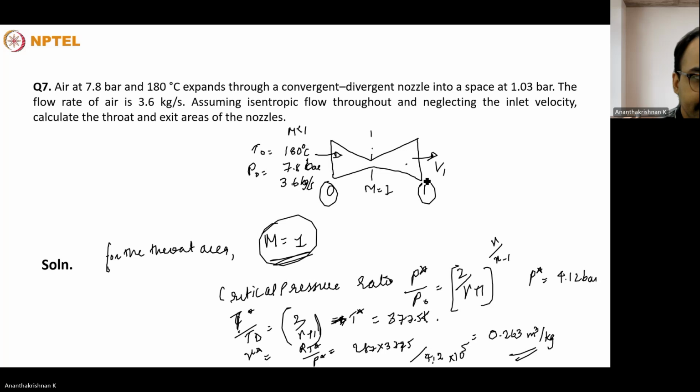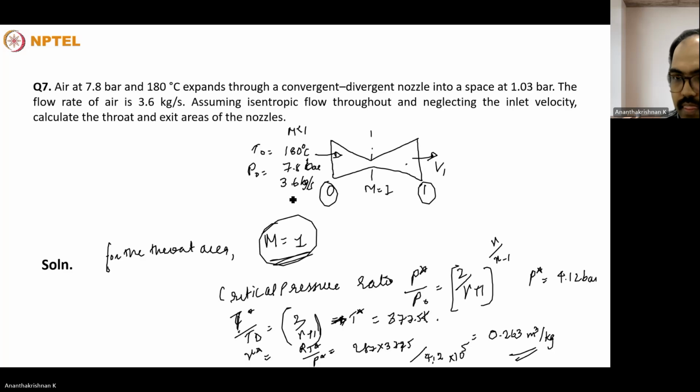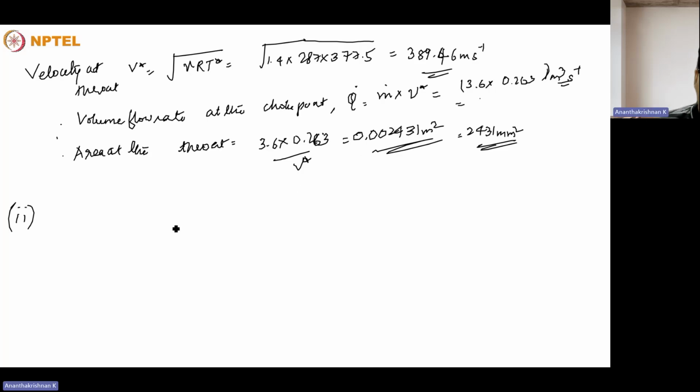We get the velocity at exit, and since we know the mass flow rate and the volume flow rate, we can actually get the area at the exit. So we try to approach it in such a way. We need to calculate the enthalpies at the first point as well as the last point.